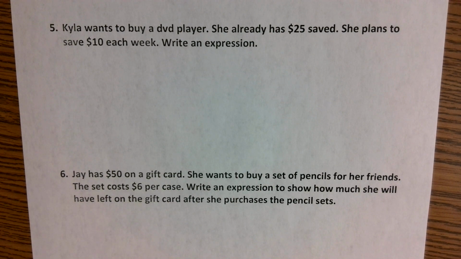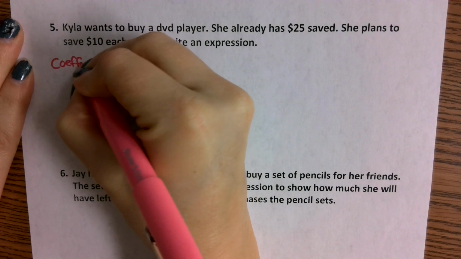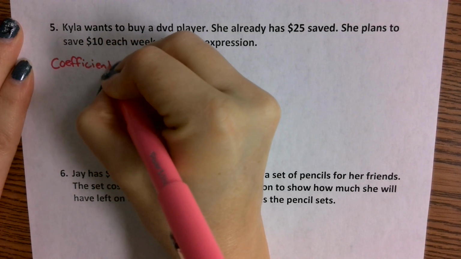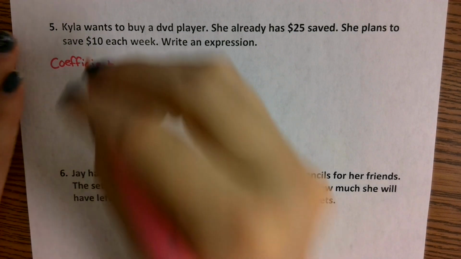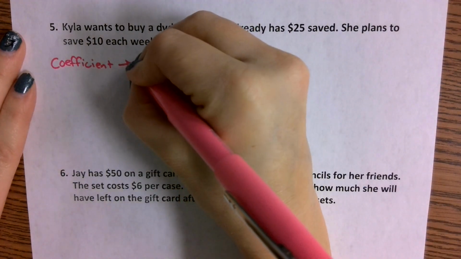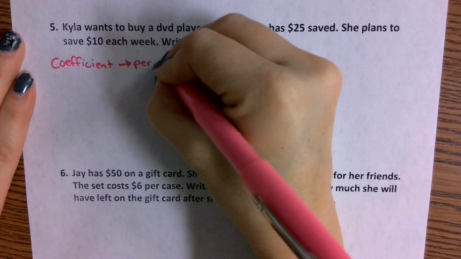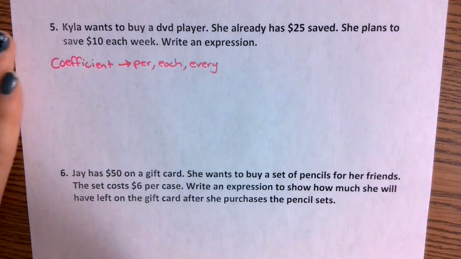If you're trying to identify coefficients, there are some really easy ways to identify the coefficient, which is the number that's going to get paired up with your variable. You can typically look for the words per, each, every, phrases similar to those.